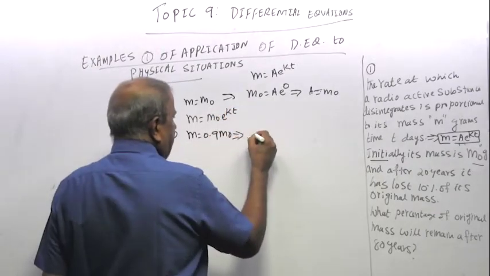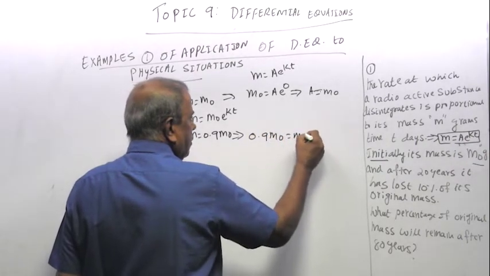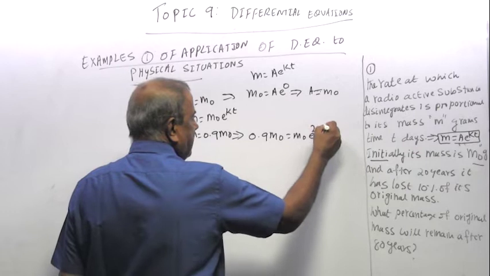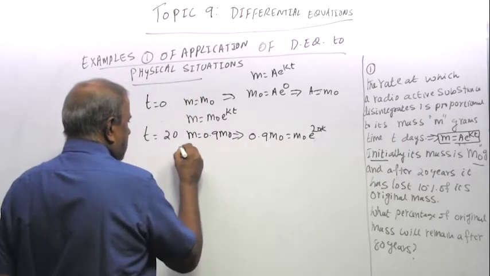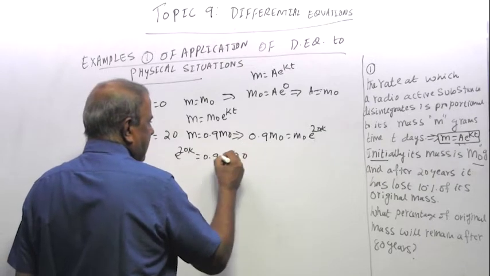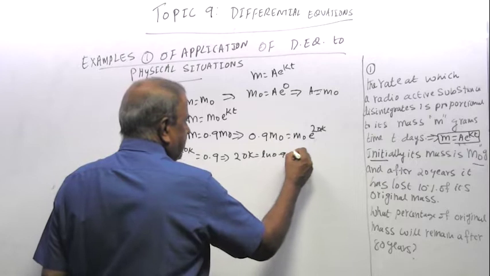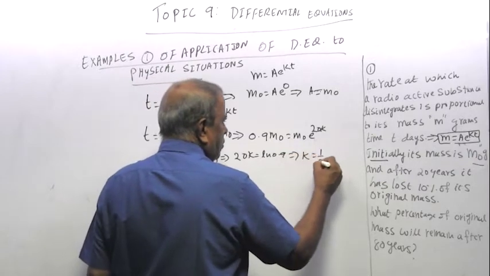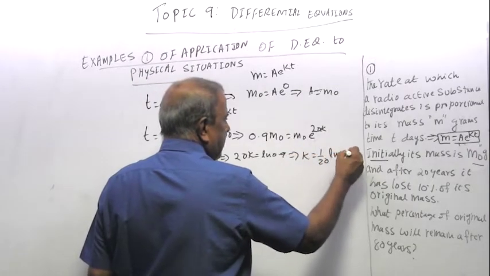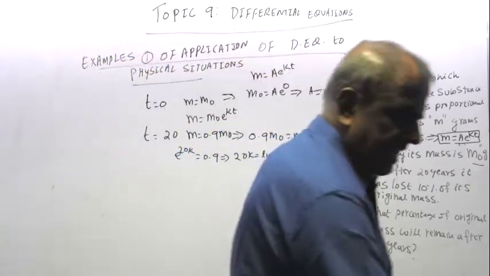Using this, 0.9 m naught equals m naught e to the power 20k. So e power 20k equals 0.9, 20k equals ln 0.9, which gives k equal to 1 over 20 ln 0.9. So let's find the answer for that.